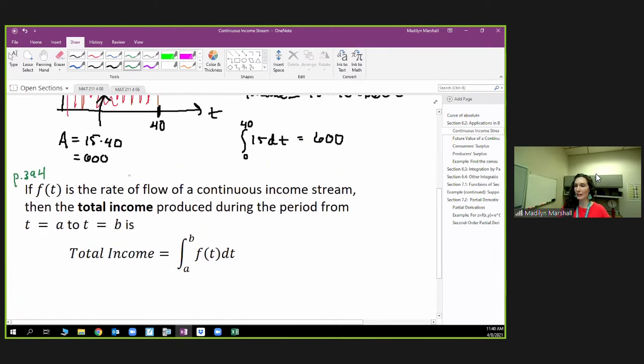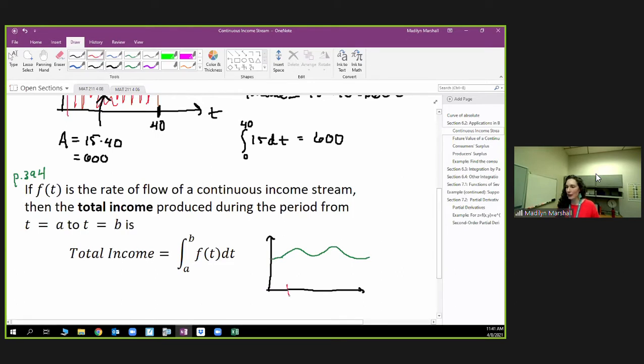So I'm just going to draw a quick little picture. If we had an income that was not constant, maybe it's something like this, it's just sort of a random curve.